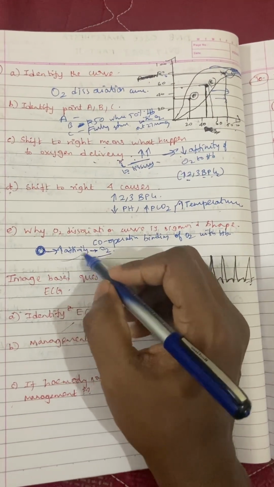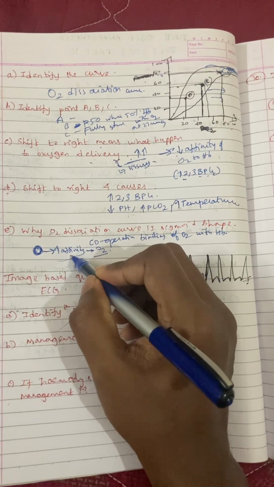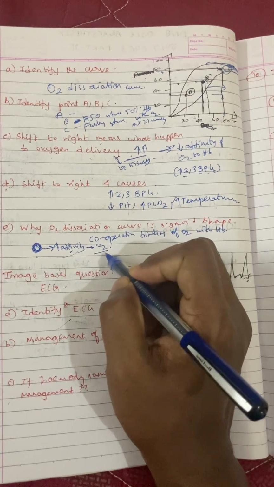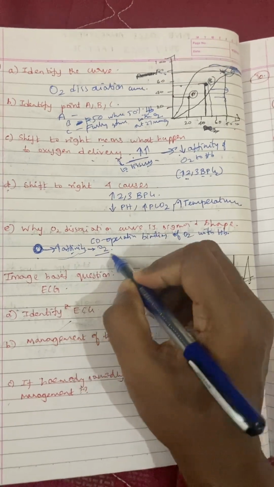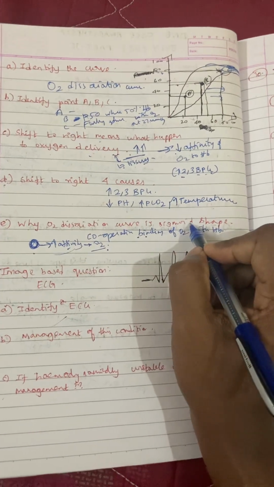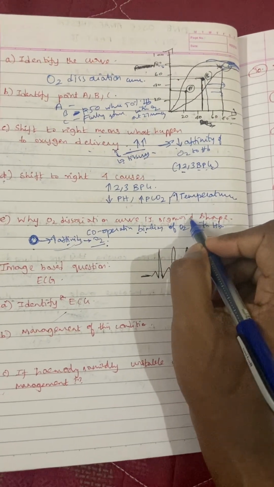This increased affinity after the binding of the first molecule, which increases further binding of other molecules of oxygen to the hemoglobin, is known as cooperative binding. Because of this cooperative binding, the oxygen dissociation curve is sigmoid in shape.